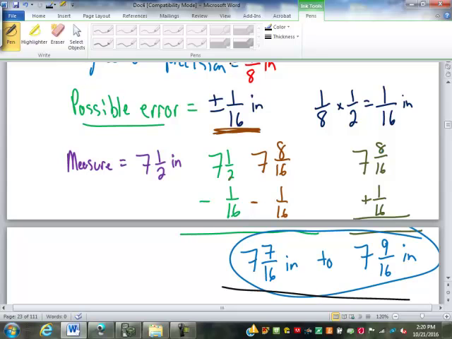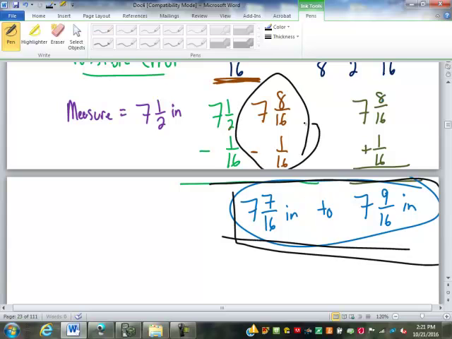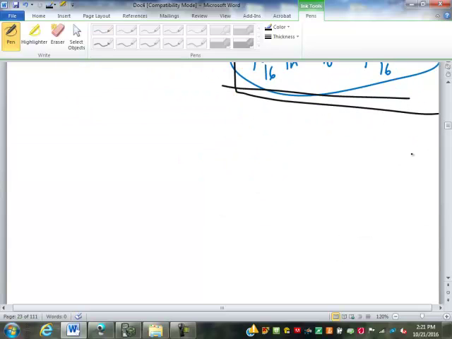So one of the things I want to look at here is just kind of practicing this skill of getting that range and make it a little bit easier for you, a little quicker than having to do common denominators like this. So let's say we have a ruler that goes to the nearest 1/8 inch. That implies a plus or minus how much?